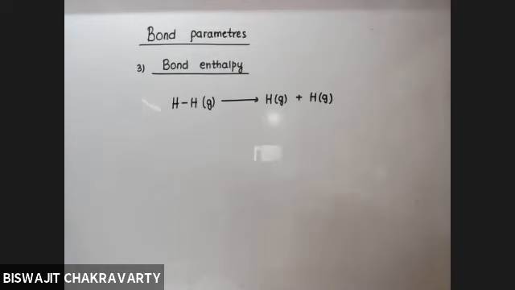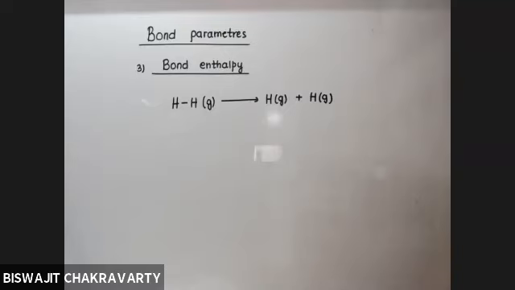Because breaking 1 such bond will require a very small amount of energy, we always talk in terms of Avogadro's number, 1 mole or 6.022 into 10 to the power 23.